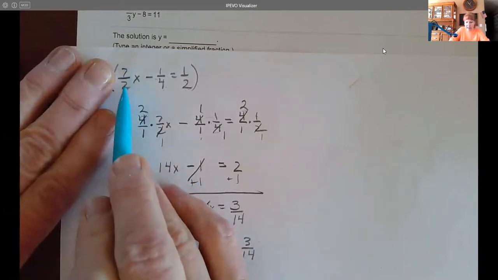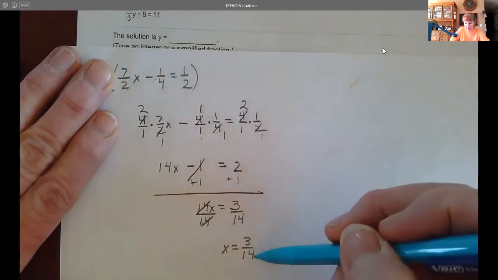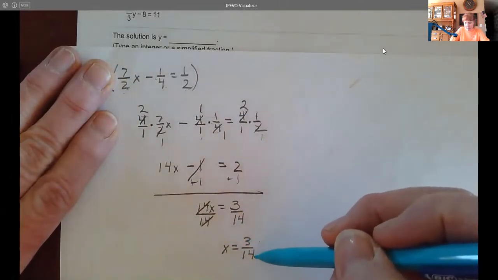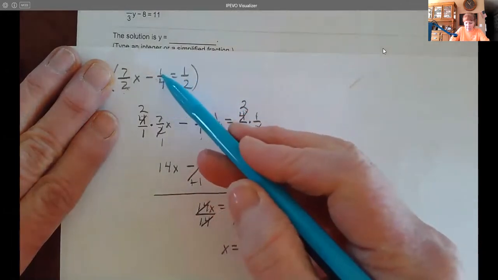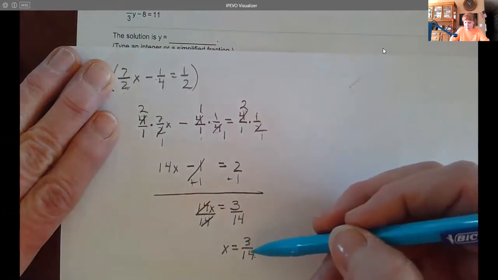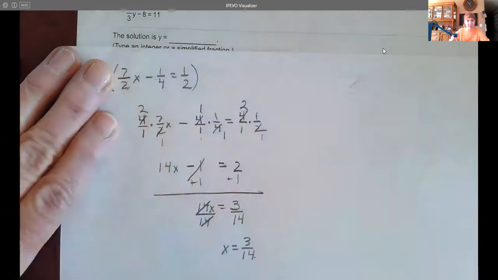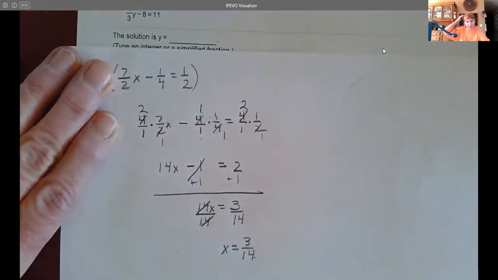You could take 7/2 times 3/14, and then subtract 4, and you're going to get 1/2. And again, when you put 3/14 into here, the 14 and the 7 reduce, so it's really not that bad.